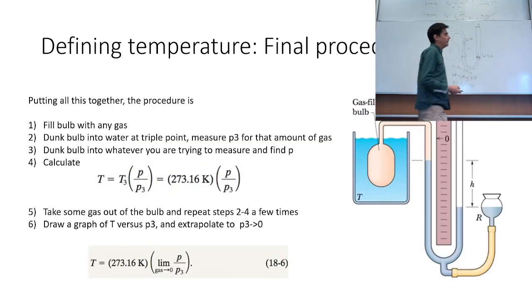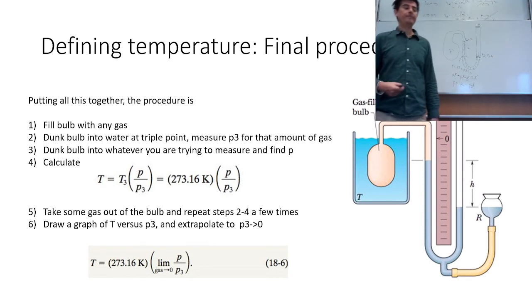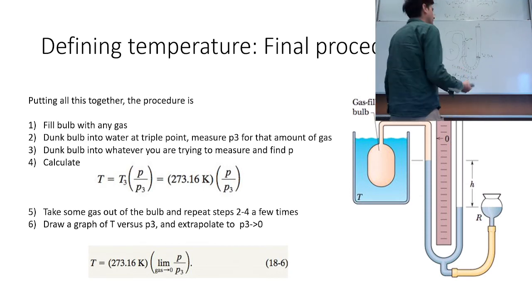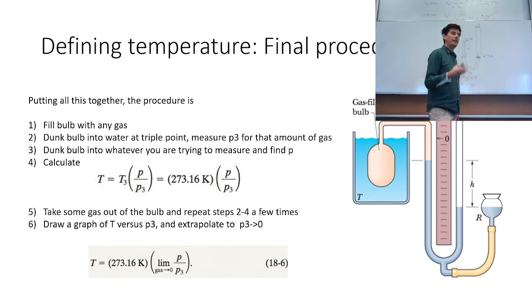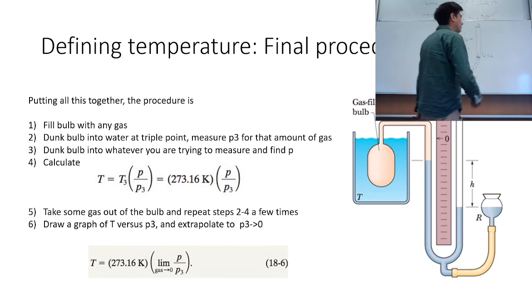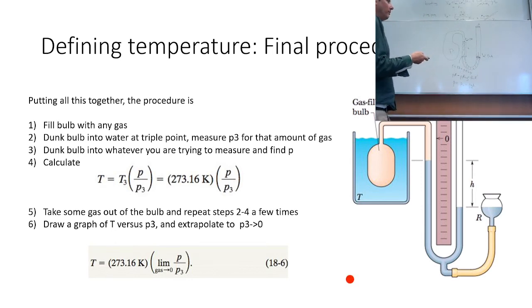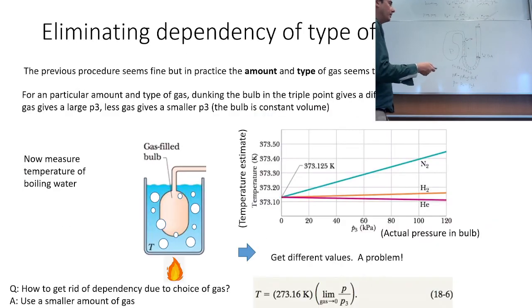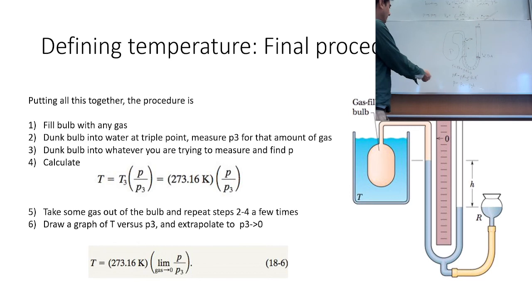So just to summarize, the procedure for making a robust thermometer from scratch would be something like this. You fill the bulb with any gas, dunk the bulb into water at the triple point, and measure the P3 for that amount of gas, reading off the mercury measurements.